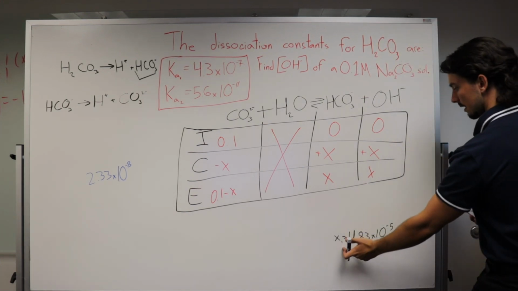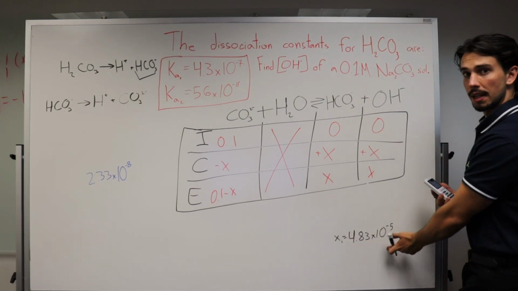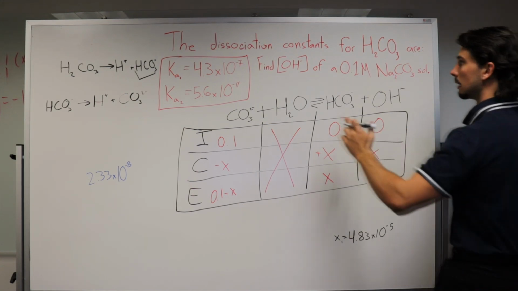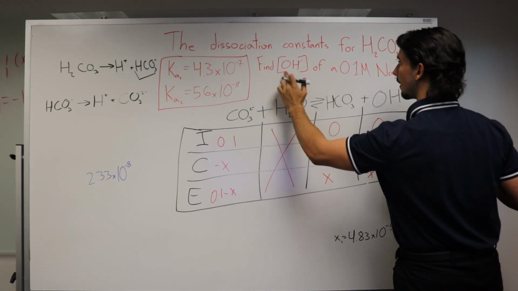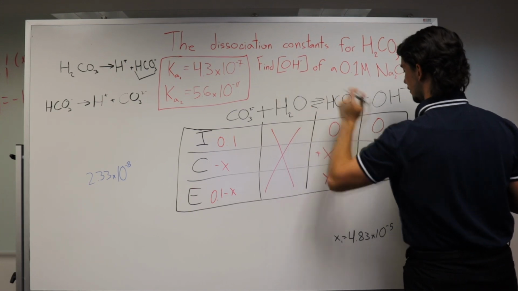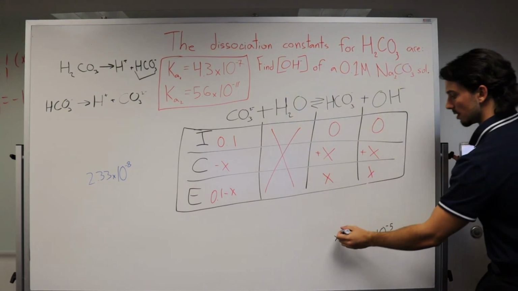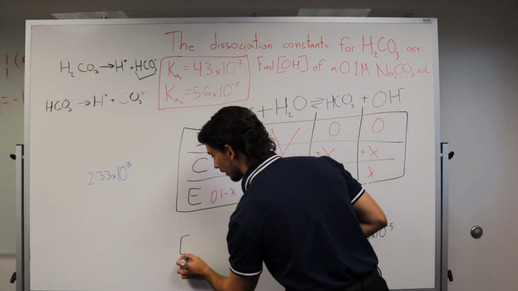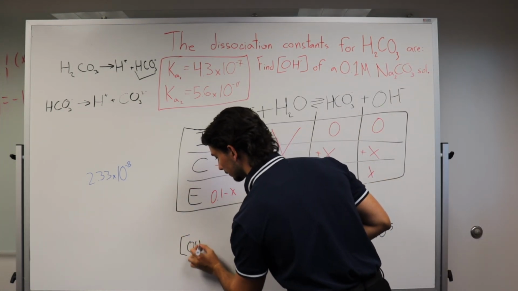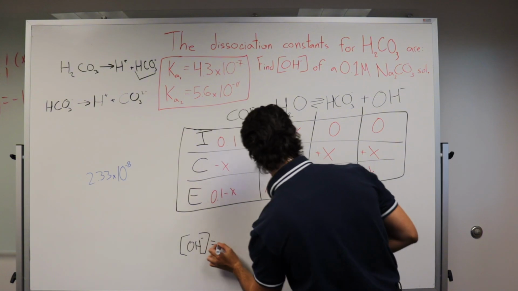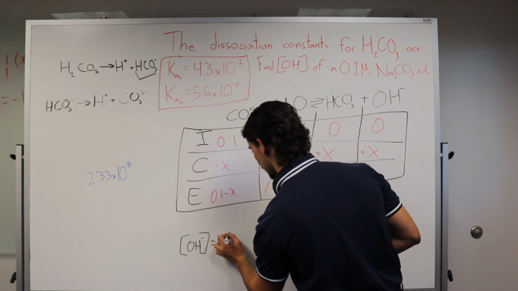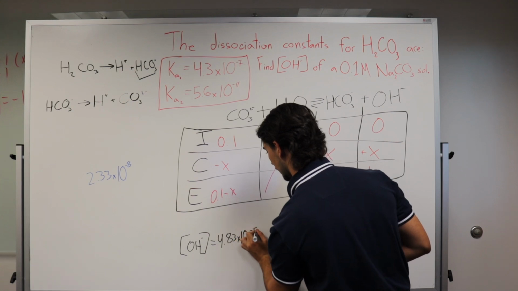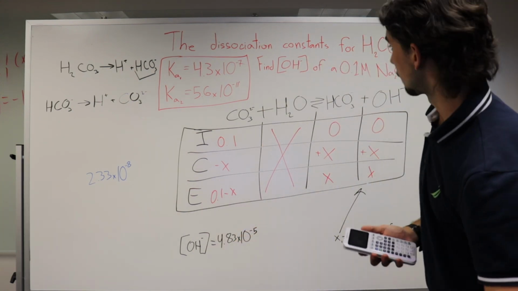So we know our x is going to be 4.83 times 10 to the negative fifth. What can we do with that? What are we looking for? We have to remember, we have to find the hydroxide concentration, which is easy. We know that that's just x. So we can write our hydroxide concentration is going to be equal to 4.83 times 10 to the negative fifth. That's perfect. That's the first step.